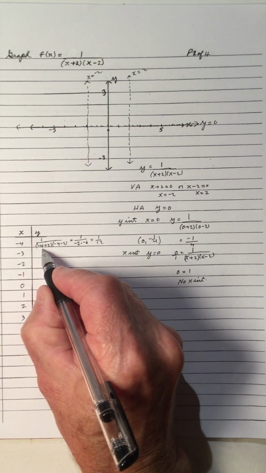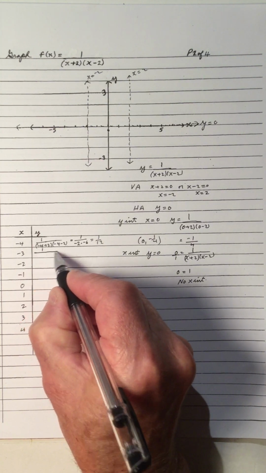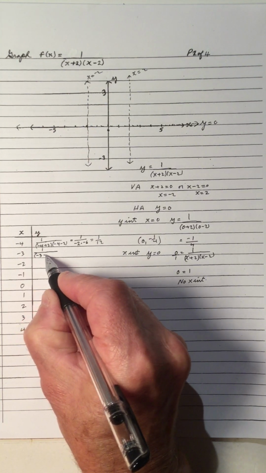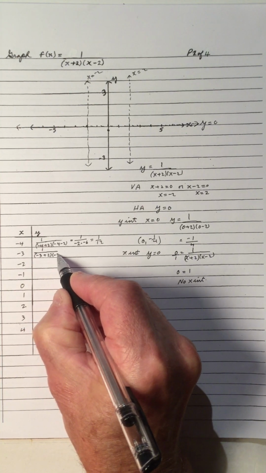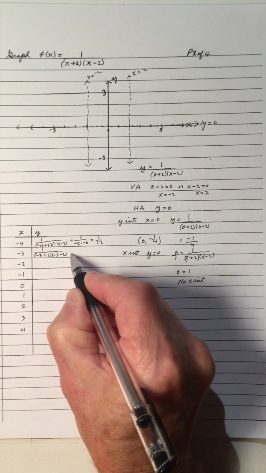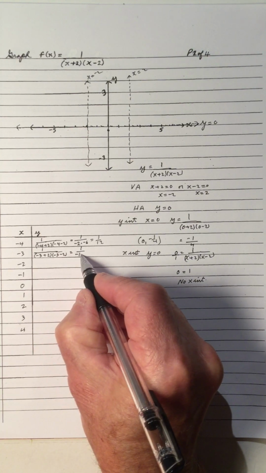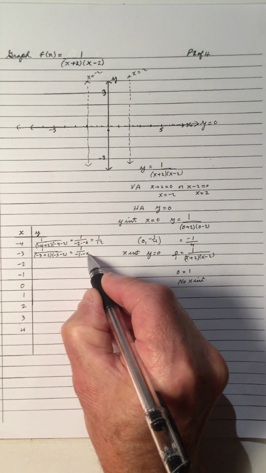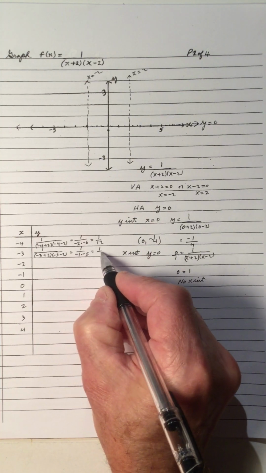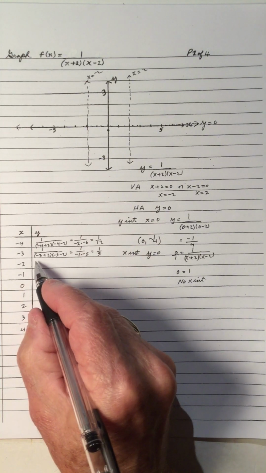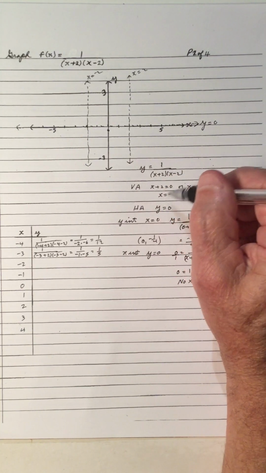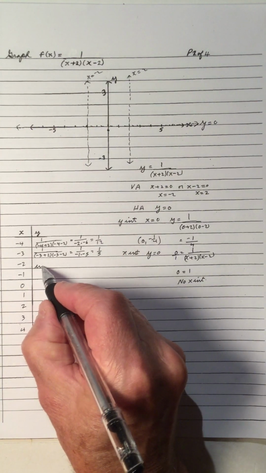Let's put a negative 3 in: negative 3 plus 2, negative 3 minus 2, so that gives us 1 over negative 1 times negative 5, so that's 1/5. Negative 2 is undefined because it's an asymptote.